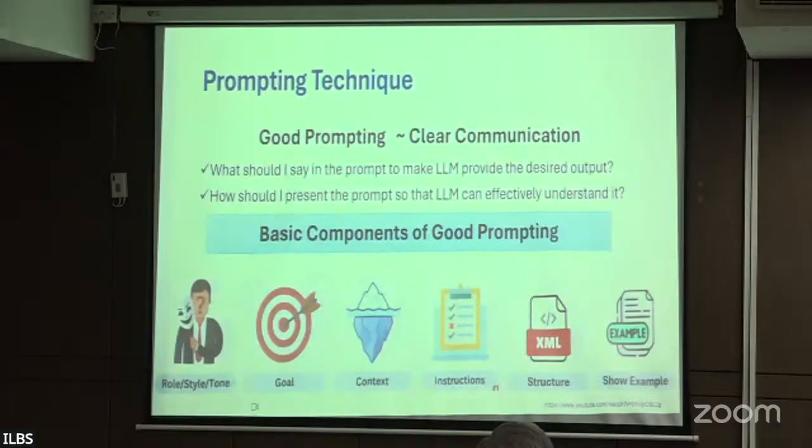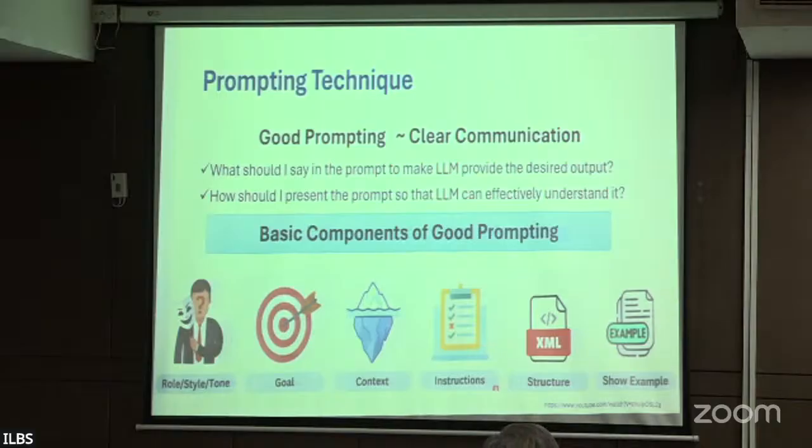We should be able to answer two questions. What should I say in the prompt to make the LLM provide the desired output? How should I present the prompt so that the LLM can efficiently understand it? Because it is not a human, it is just a mathematical model. If you give a very structured, good prompt, then only it can parse and understand it. You have to remember that.